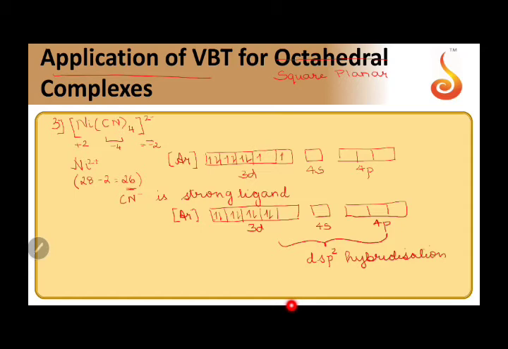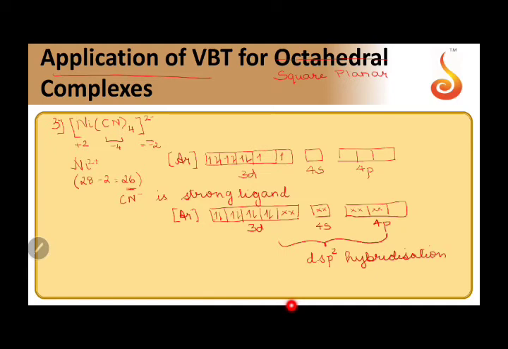After hybridization, the electrons of cyanide ligand fill up these orbitals. We can indicate them as stars or crosses. These are the 4 electron pairs donated by cyanide ligands.